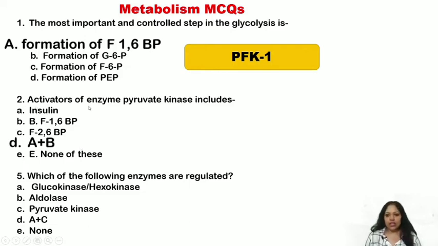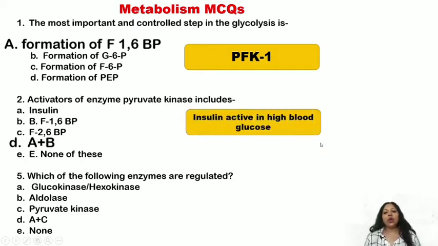Yes, we have not discussed the hormonal regulation of these enzymes, but insulin is active under high blood glucose condition, and glycolysis is done only when your glucose concentration in the blood is high, correct? So hormone insulin and fructose 1,6-bisphosphate, these two are the activators of pyruvate kinase. The higher concentration of these two things say that yes, there is enough glucose in our blood and we should go for glycolysis, correct?